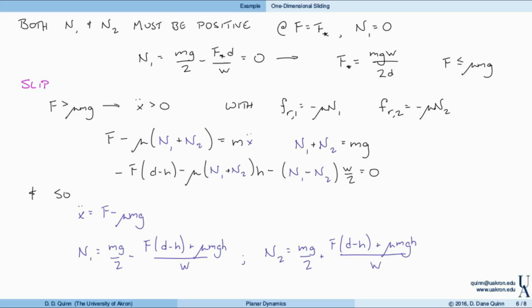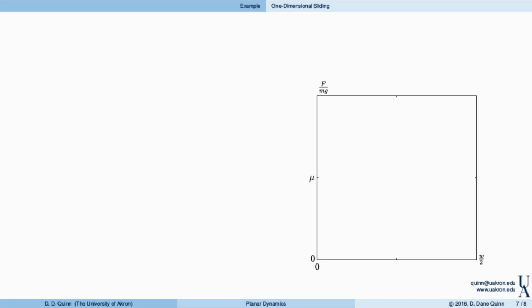So let's look at those two cases separately. Once again, both N1 and N2 must be positive. So now, two cases.